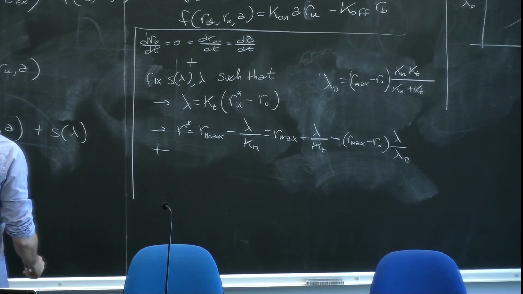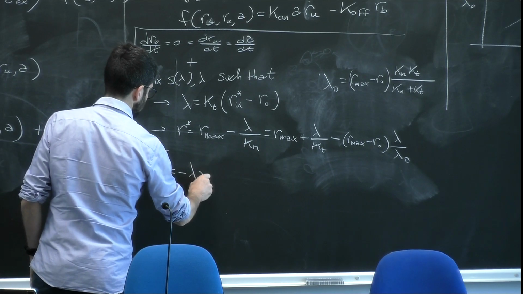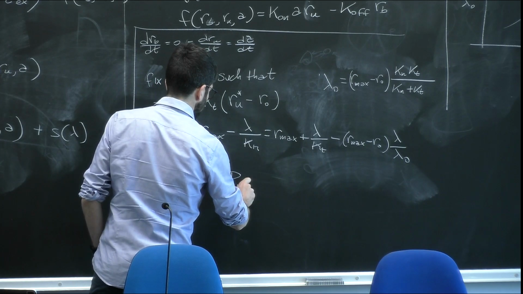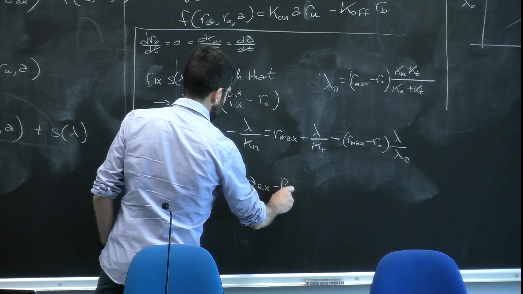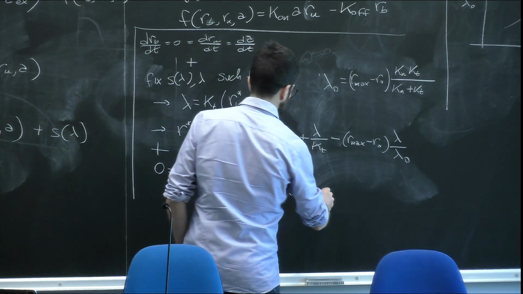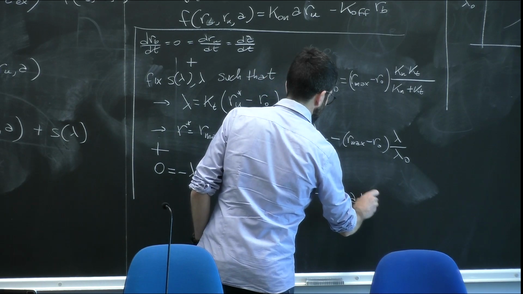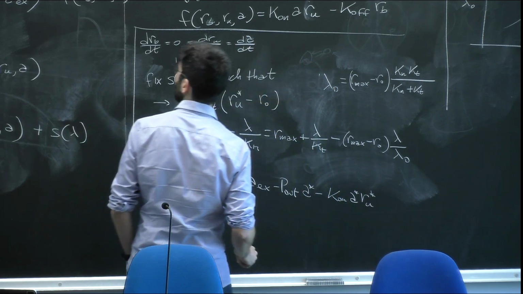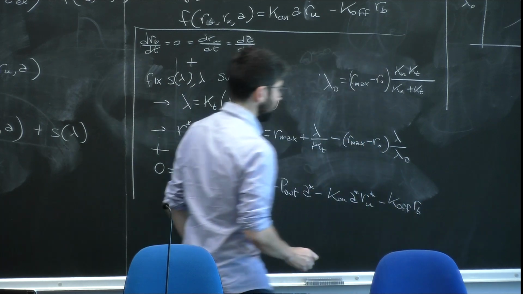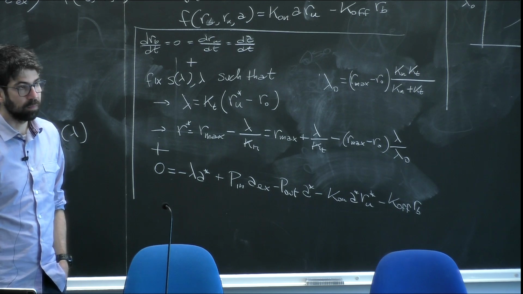The first: 0 is equal to minus lambda A star plus P in Ax minus P out A, minus K on A Ru, minus K off Rb.